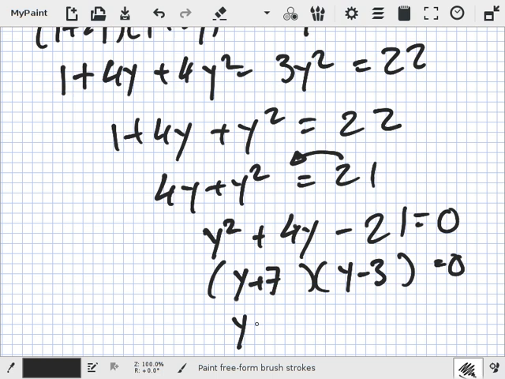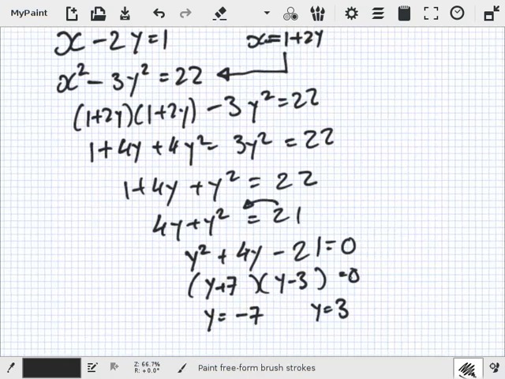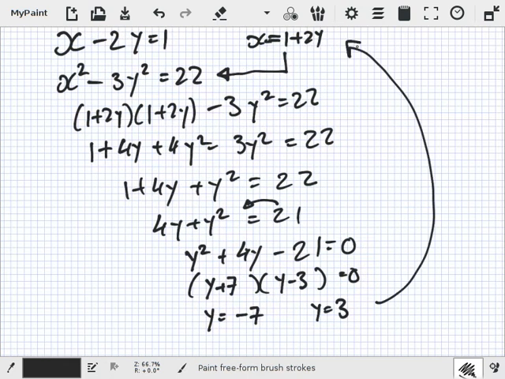So what are the two values for y? Minus 7 and 3. Now, how can I get the x? I have to put it back in there. So I get x equals 1 minus 14, and 1 plus 6, 2 times 3. So there are the two answers. Now, can you just finish writing this down and then I'll do another example. Did you get the x's as well? Yes.